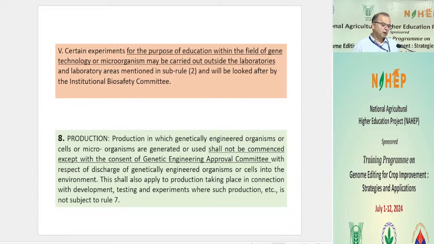Okay, so again for production also it is the same, one has to take permission from GEAC for any production, otherwise it is prohibited. So you see these rules are basically the same; I am not going through all the line by line details. Deliberate or unintentional release, how to prevent it, if someone does it, it is punishable, so all these things are there.